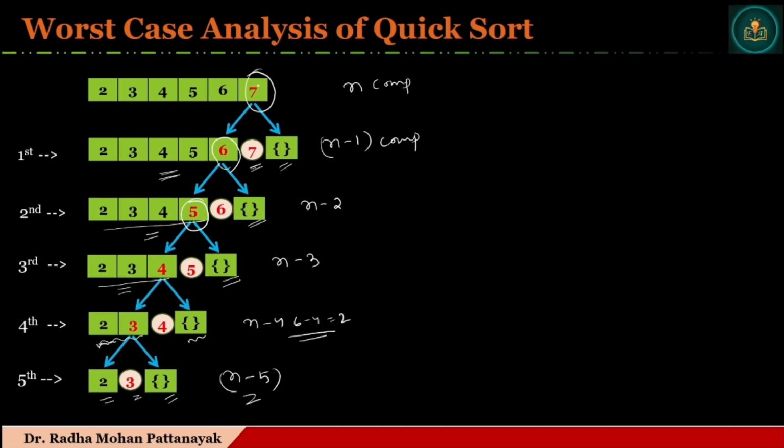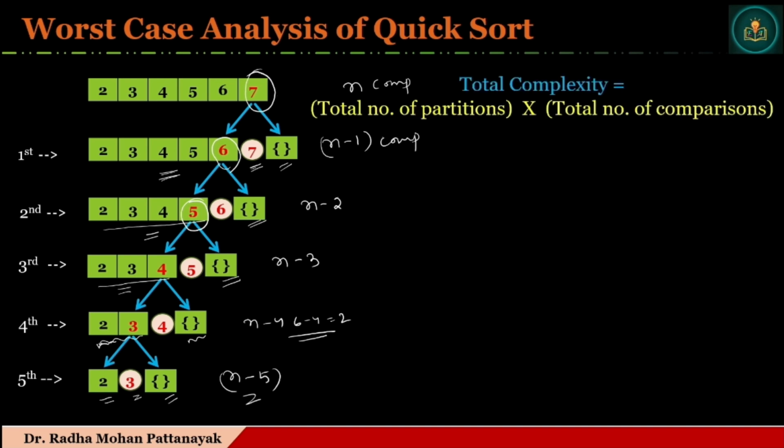I hope you understood. So, as per the rule of time complexity, it is the total number of partitions multiplied by the total number of comparisons. So here in each stage it is dividing the array into one partition only, because the right sub-array is totally empty. So total number of partitions equals how much? Only 1, and it is multiplied by the number of comparisons every time. Clear?